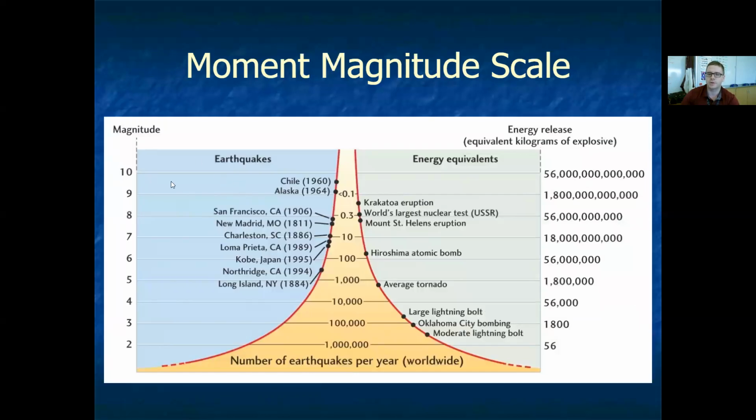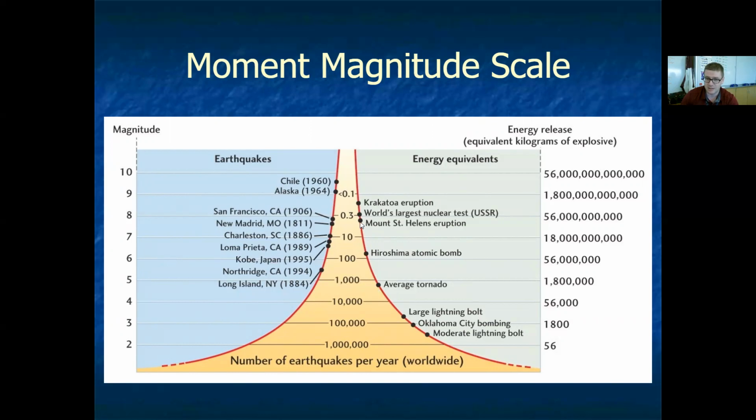Here's a great picture that shows the strength of earthquakes and the energy equivalents to other things that we've seen. Looking at the right-hand side here, the amount of energy produced by an average tornado is just shy of a 5.0 earthquake. The bomb that was dropped on Hiroshima in World War II is just a little stronger than a 6.0 earthquake.